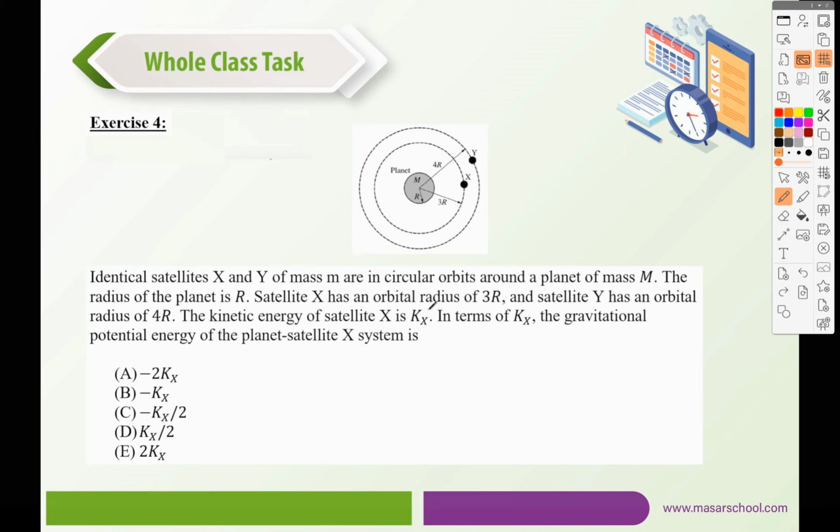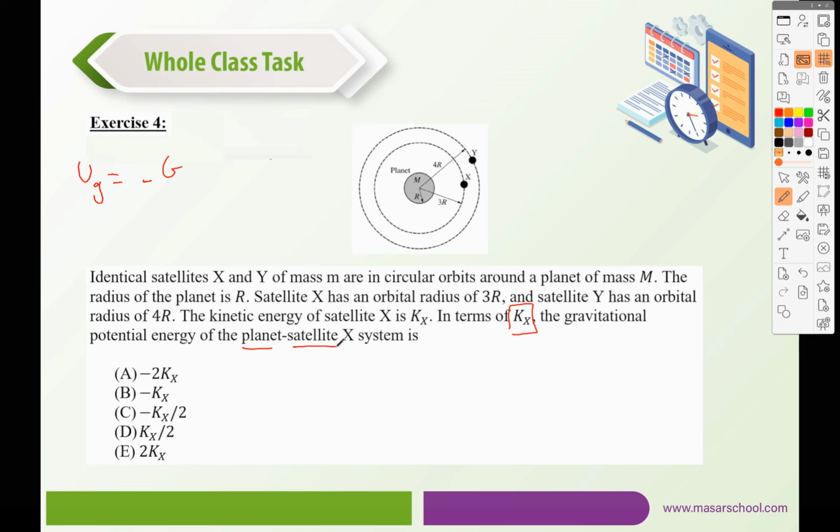So we're interested in determining the gravitational potential energy between the planet and the satellite X in relation with Kx. The gravitational potential energy is given by minus G, the mass. Here we need to identify the masses of our system.